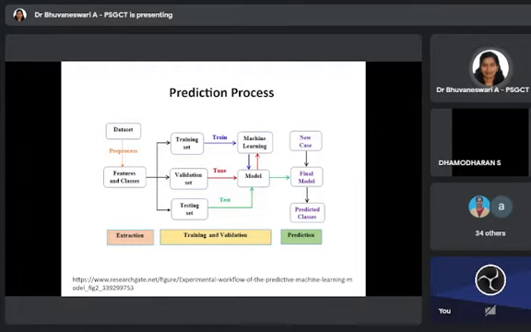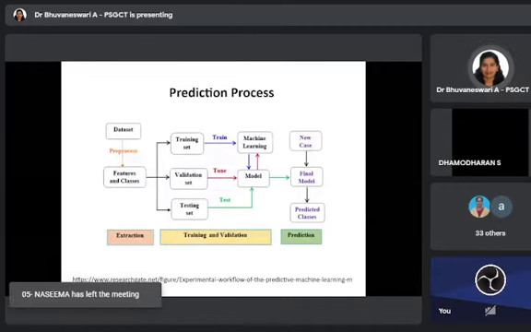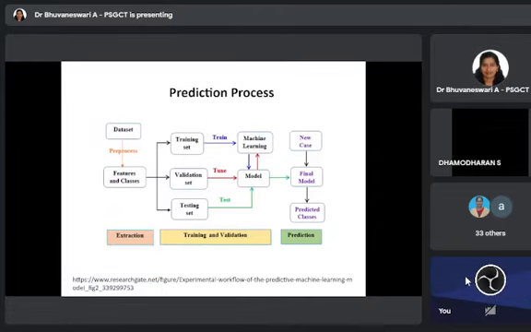You test the model, and if you are getting the expected prediction, then it is considered to be complete. After training, validation and testing, your final model is derived, and based on the testing, it is refined.